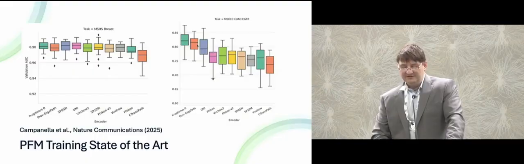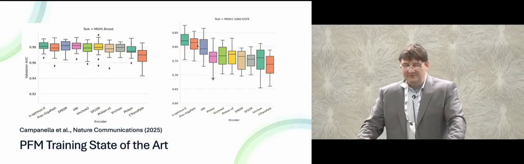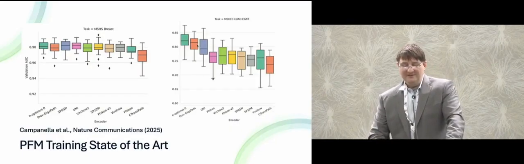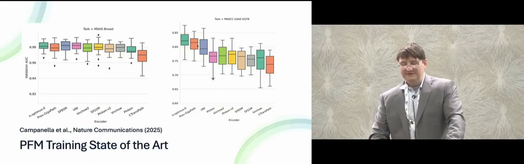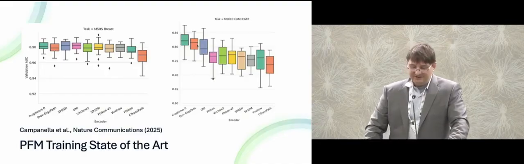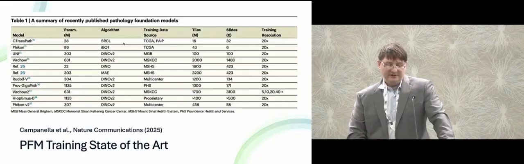On EGFR mutations, it does look like maybe some of the larger models do a little bit better, but there are also large models that do less well. UNI does fairly well for its size, but again, the confidence interval is large. These are 20-fold cross-validation whiskers. So there's no model that's really outperforming the others, and it's largely because, again, they're all mostly using the same techniques of DINOv2.